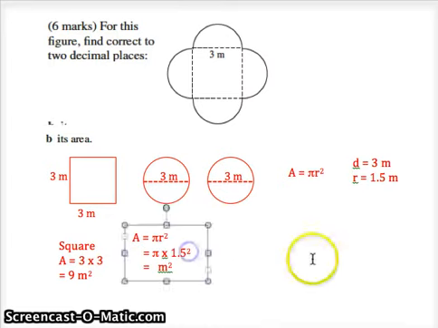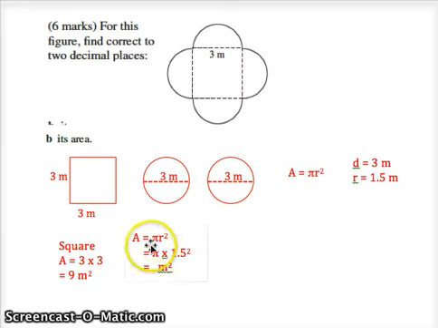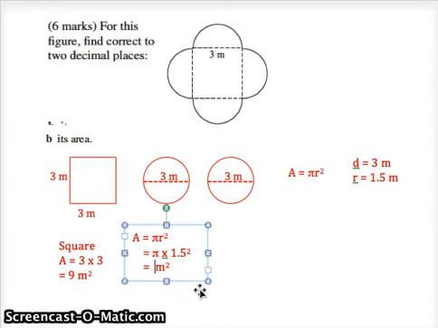So I'm just going to put that down here, that the area of one of the circles is pi r squared, which is pi times 1.5 squared. Just doing that on the calculator, I get 7.0685.